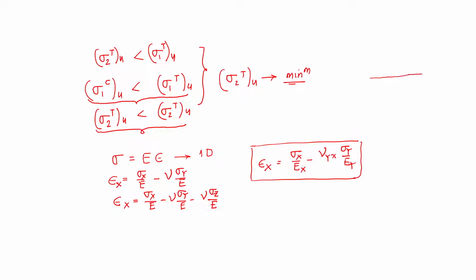We have taken a representative volume element, right? In the representative volume element, suppose this is one fiber surrounded by matrix. This is direction 1, this is direction 2. So we apply a force here.